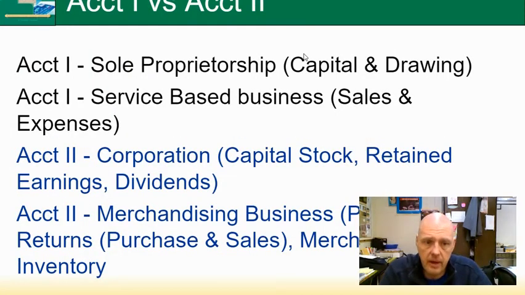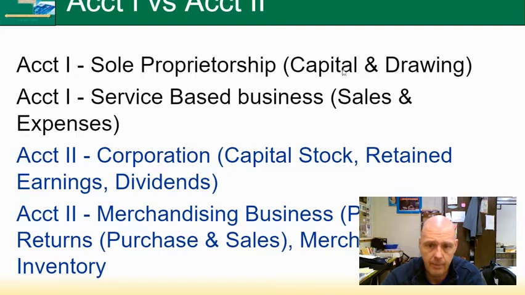So let's start out and review Accounting 1. Accounting 1, we were a sole proprietorship. We had capital and drawing as our owner's equity accounts. We were also a service-based business, so we had revenue and expenses, and that was all we had. Life was pretty simple. In Accounting 2, we're now a corporation, so we have similar accounts, just not the same. We have capital stock and retained earnings.